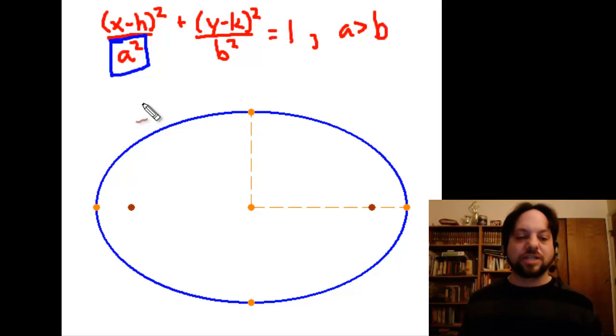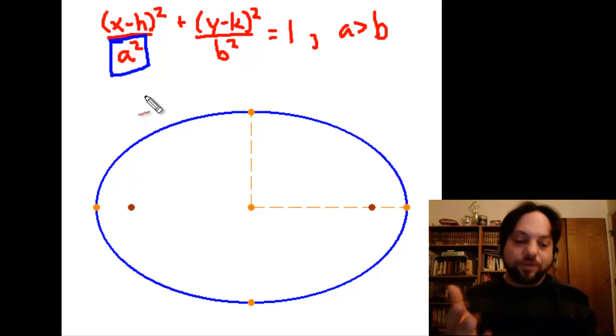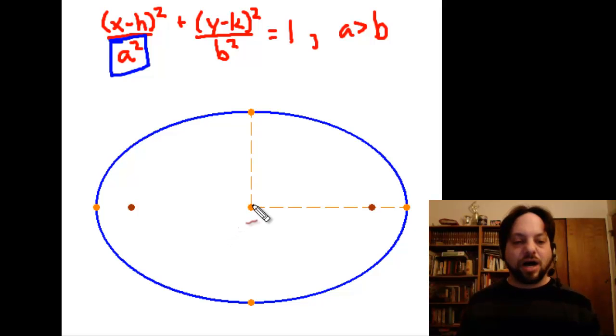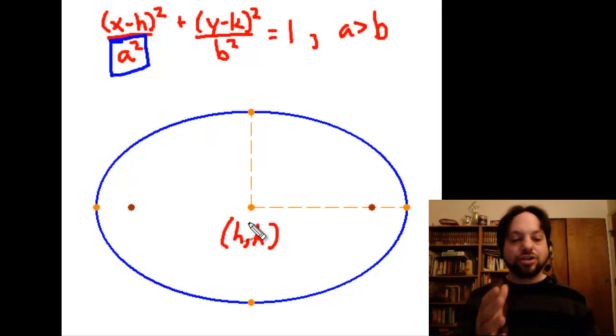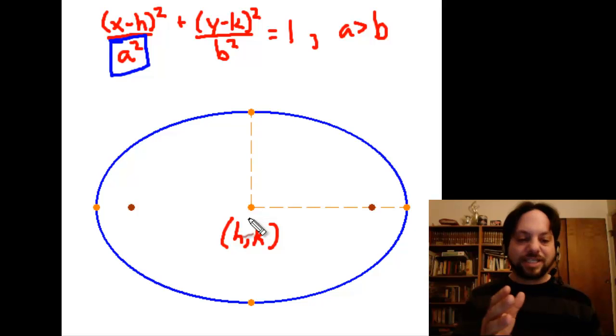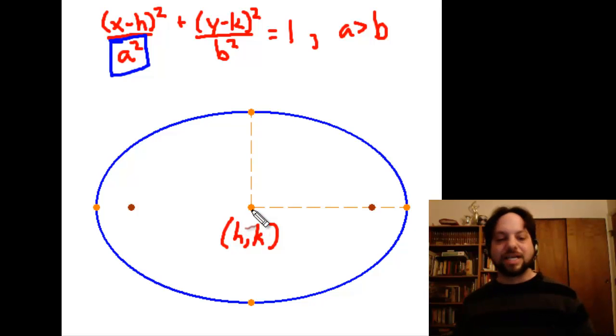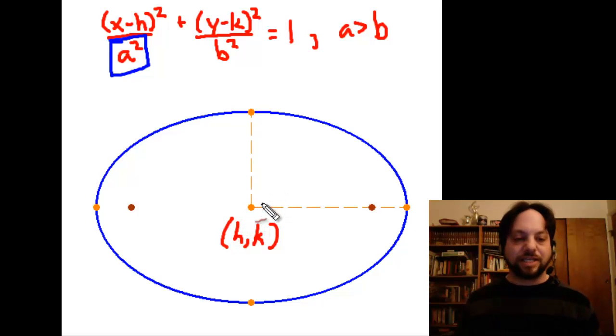So let's take a look at some information that hopefully some of it is obvious by now. We will have a center on our ellipse, and that center will be h comma k, coming from the x and y components of our equation. Now the good news here is finding the vertices and what we call the conjugate vertices is actually fairly easy.